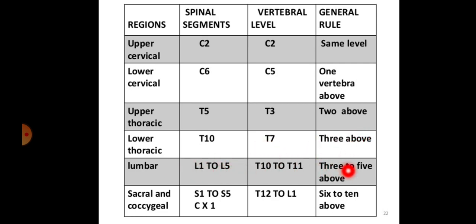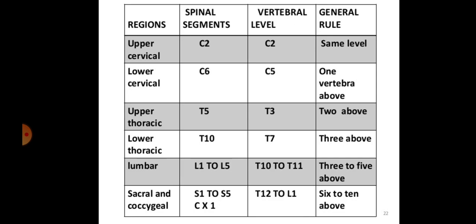And in the lumbar region, L1 to L5, or T10 to T11, you should add 3 to 5. And in the sacral or coccygeal, T12 to L1, you should add 6 to 10, then you will get the spinal segments.